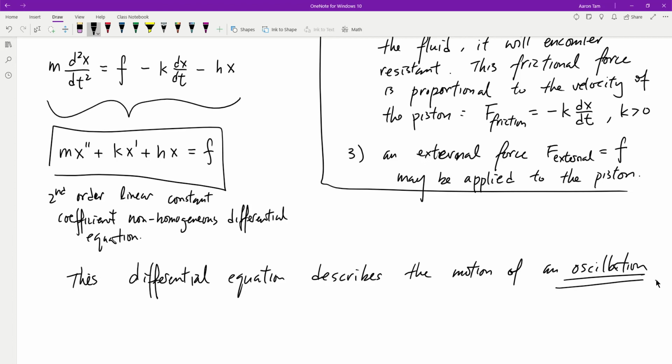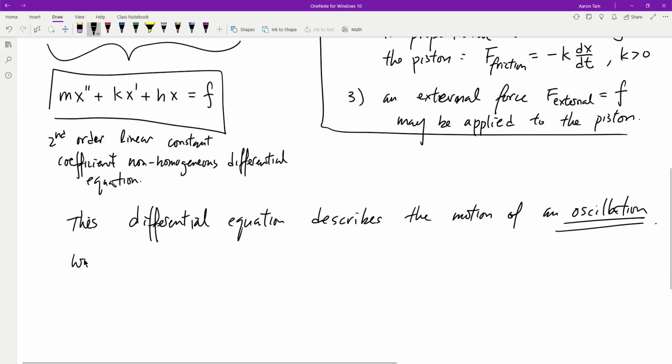And what we're going to try to do is figure out how this differential equation would look based on various values of m, h, k, and f. So we will try to investigate, just to understand various assumptions.